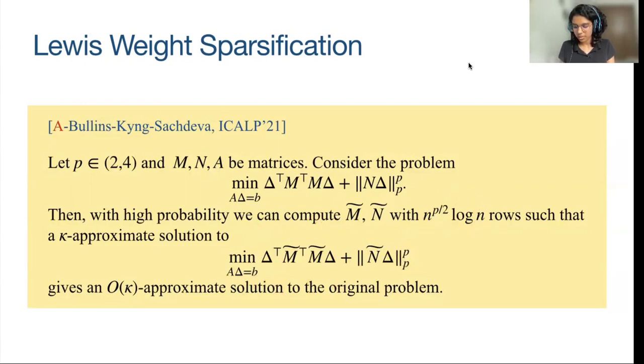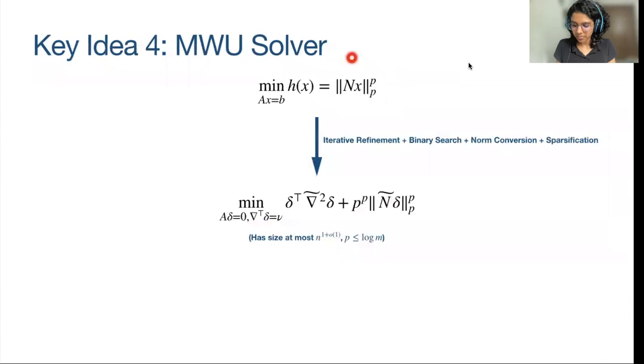And a kappa approximation to this problem gives an order kappa approximation to our original. So now we have reduced our original problem of minimizing LP norms to a smooth LP norm problem, which we only need to solve to a constant approximation. And the size of this problem is something order n, and p is at most log m.